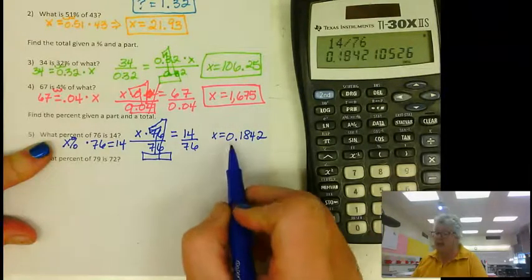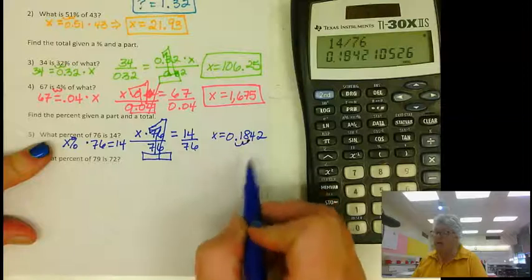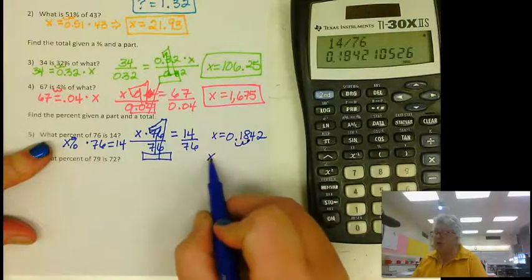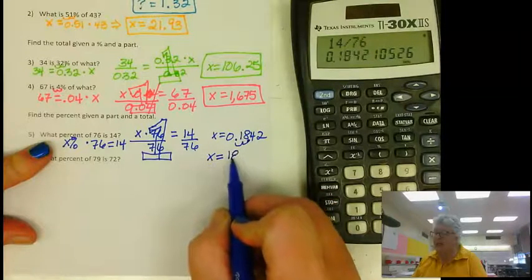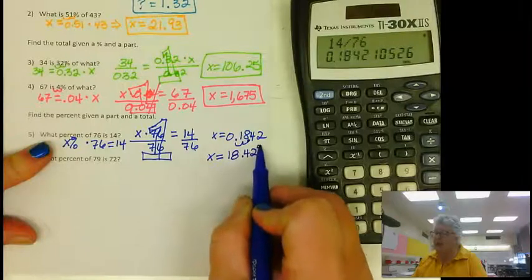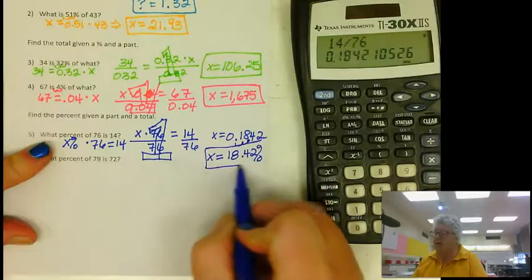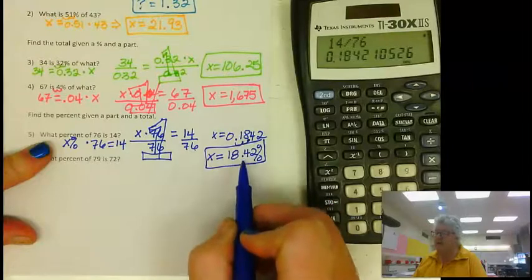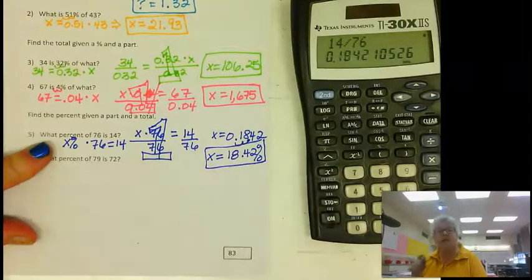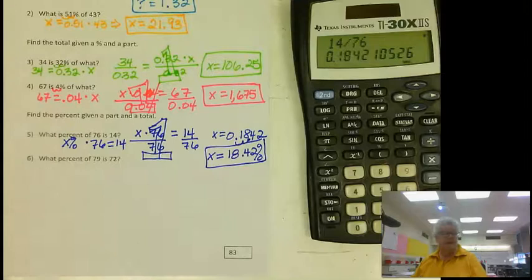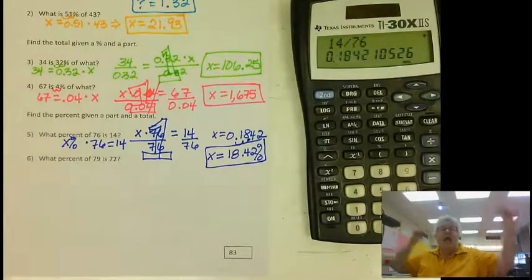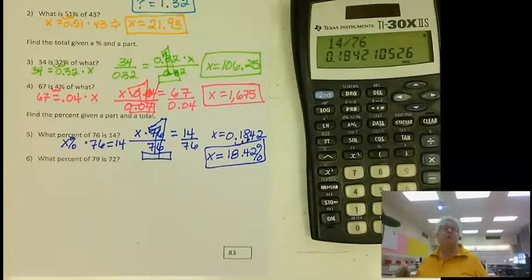And now I'm going to move it 2 places. So X will actually equal 18.42%. Okay, we had to go from a decimal into a percent, which we did in the last section of notes. Yay! We can do this. We really can do it.